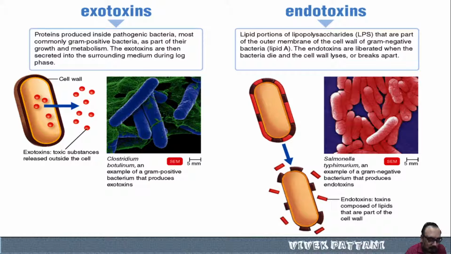I am repeating the definition again: the capacity of the organisms to produce toxins is called toxigenicity. Toxins are transported by the blood or lymph, which can cause serious or sometimes fatal effects in the human body also.